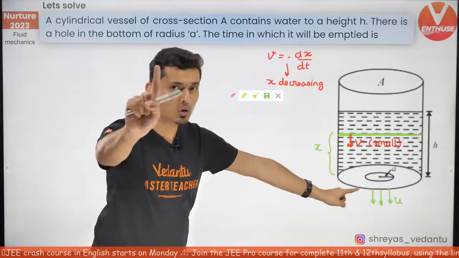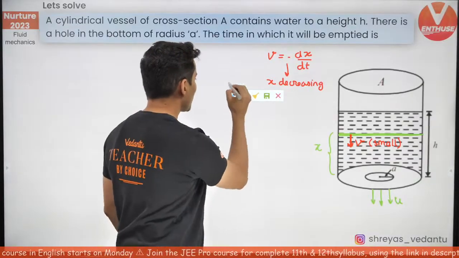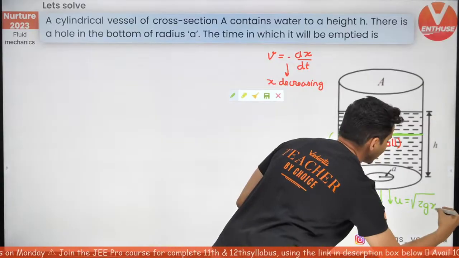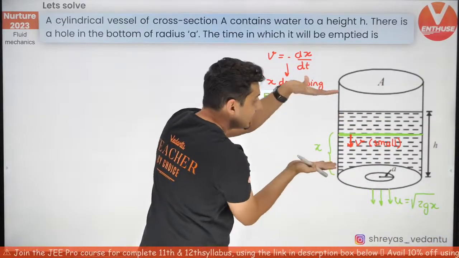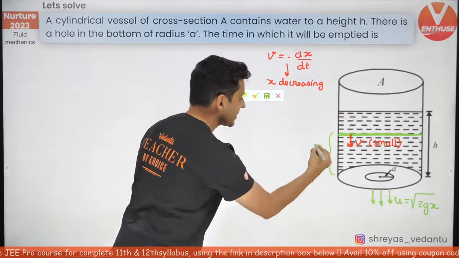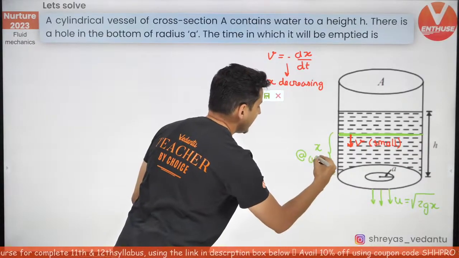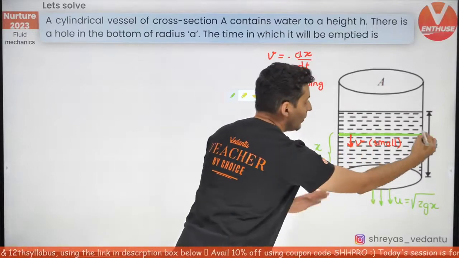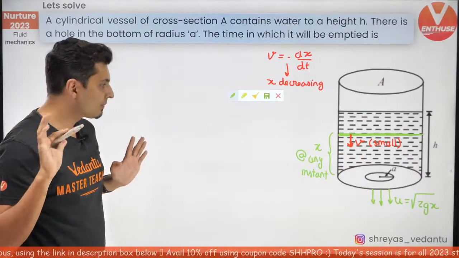I can find u for sure. u will be root 2gx, where x is the height at that instant, however much liquid is remaining.